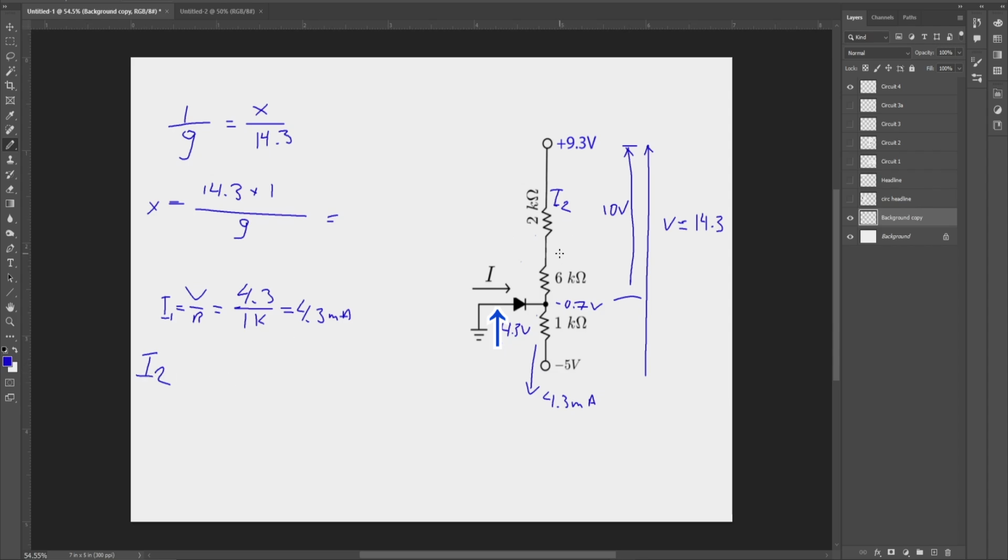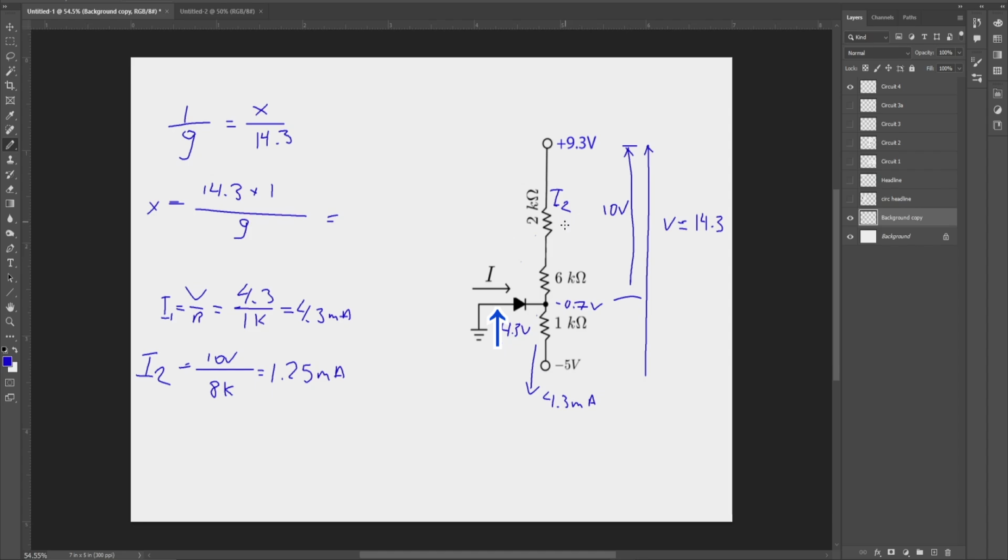I2 equals 10 volts divided by these two here, which is 8 kilo ohms, right? That's 1.25 milliamps.